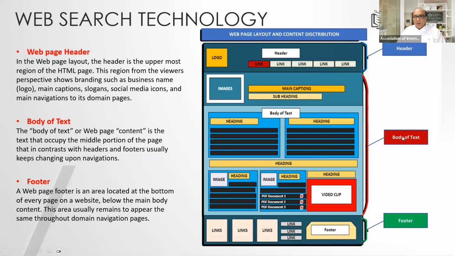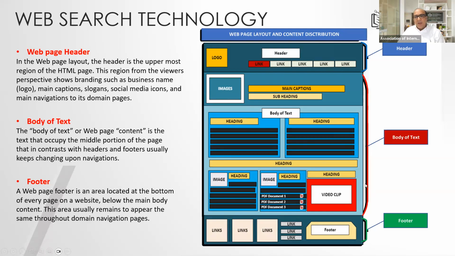Coming back to the header, the body of text, I'm going to ignore the third one, footer. It's not as important. I want you to know that in reality, and I don't know if you have noticed, but the header portion or the top portion of a web page or the website or the web domain remains constant. It does not change. Usually, what changes is the middle portion.